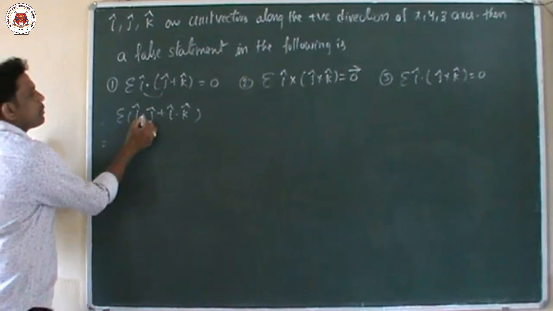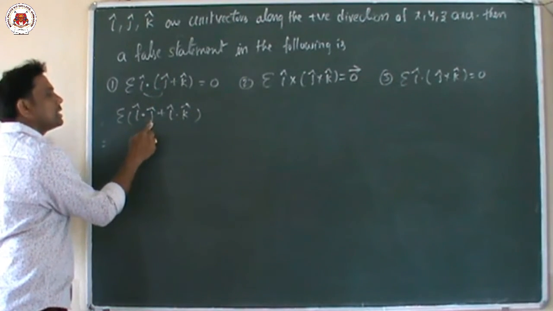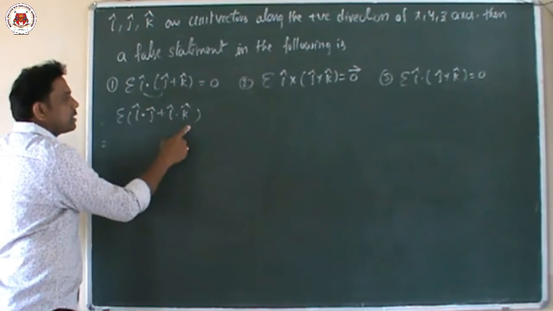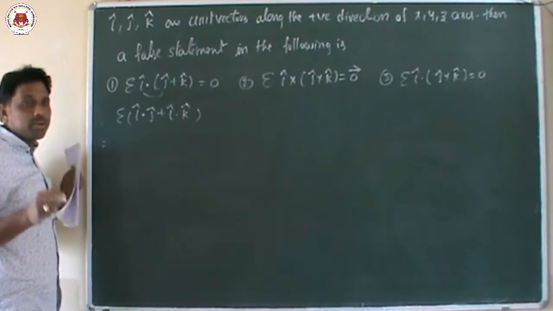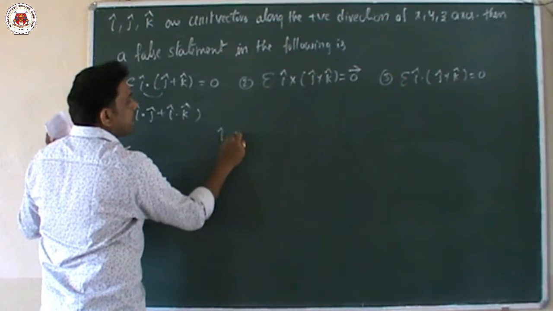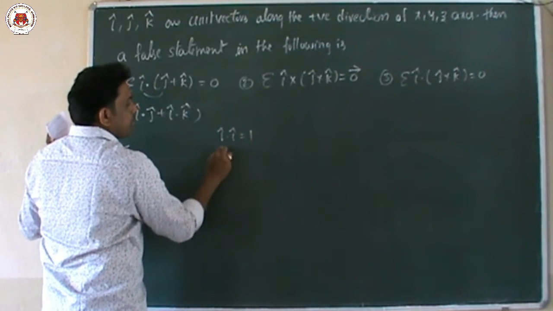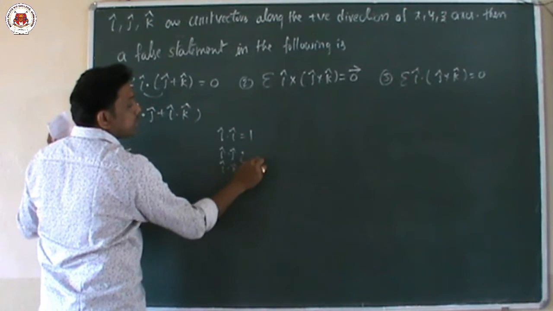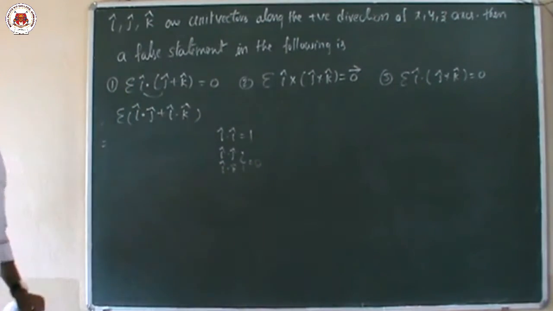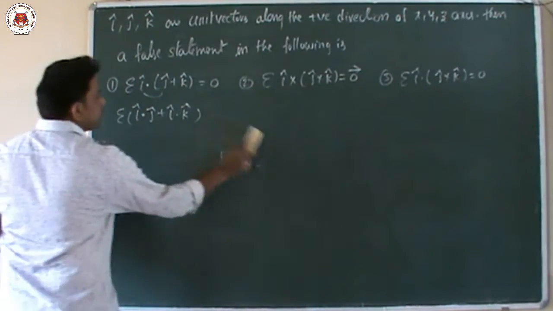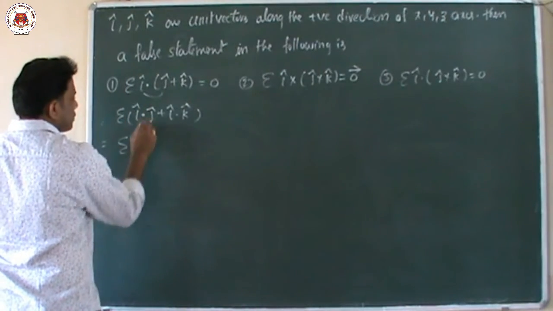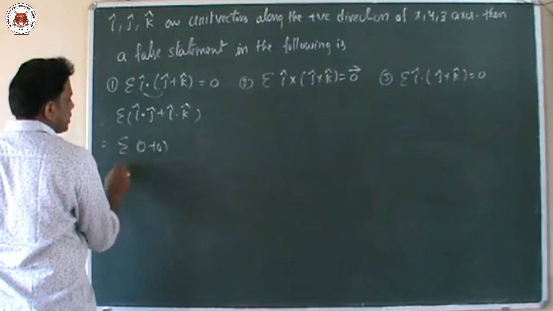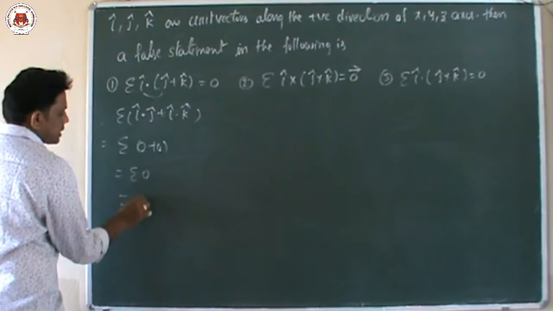We know in dot product i dot j is nothing but 0, j dot i, k dot i also 0. Because in dot product i dot i value is 1, but i dot j or i dot k value is equal to 0. So this value is 0 plus 0, nothing but 0. Summation of 0 is nothing but 0.